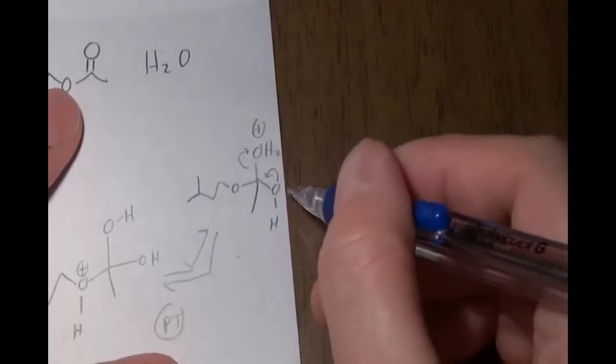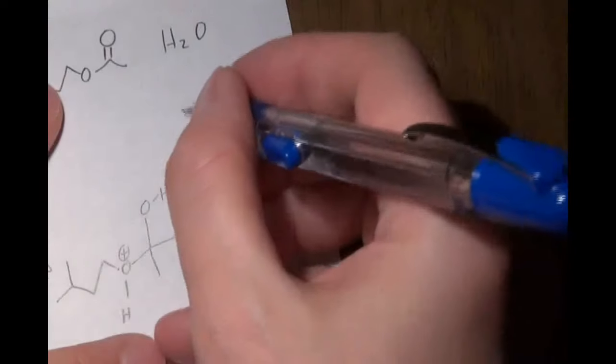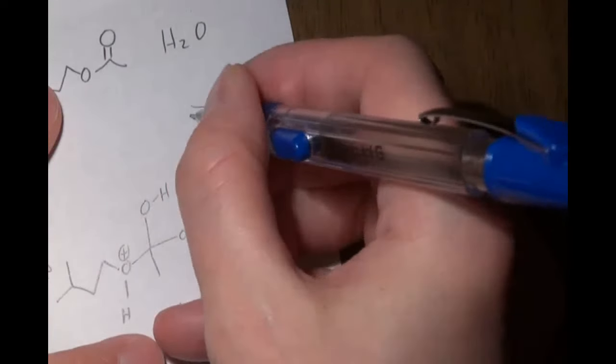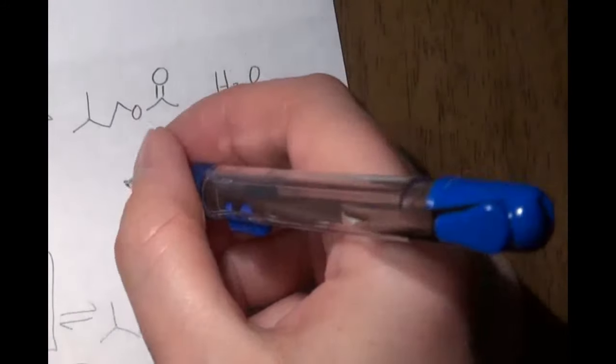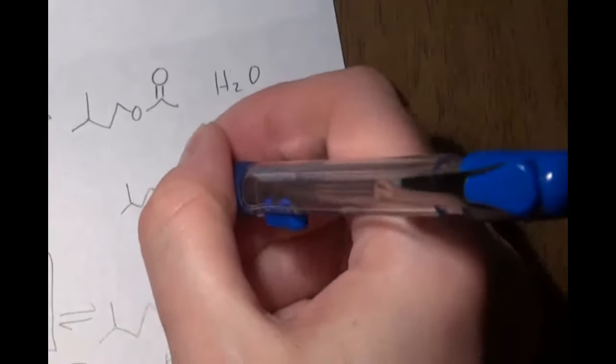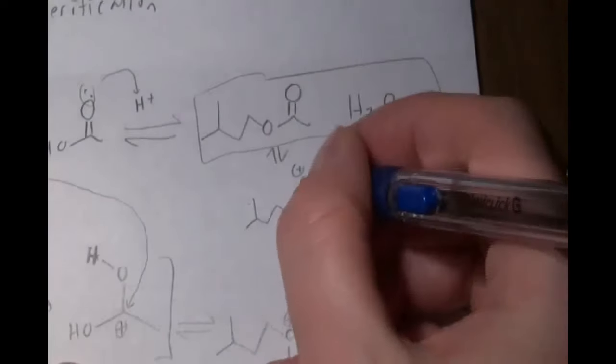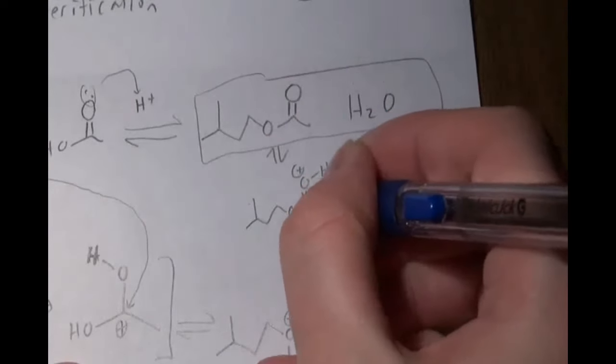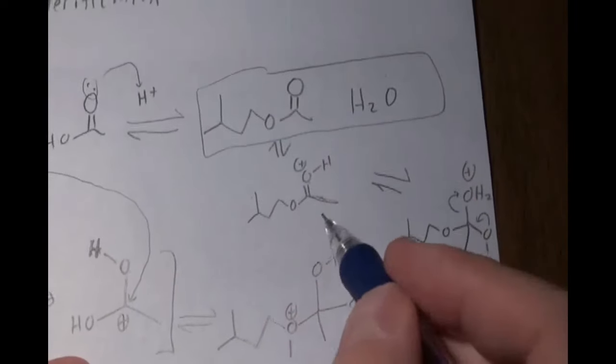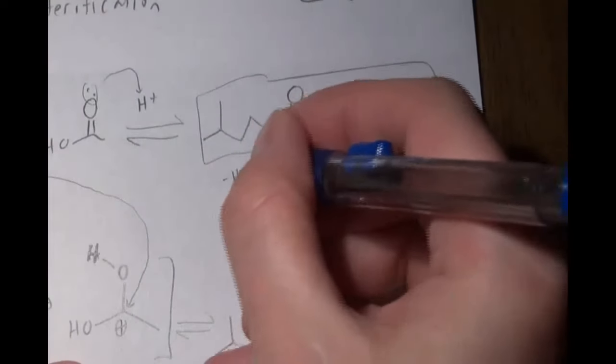So now I use the other oxygen to kick it off, and we're basically done then. Now it looks very close to the product. Now we have our protonated ester. Lose a proton. You can say minus H plus, and we're done.